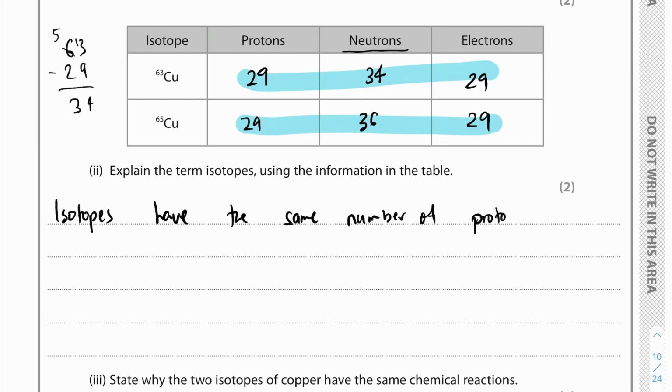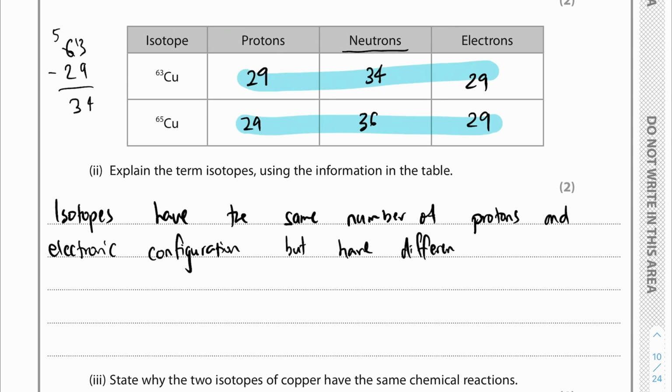You can see here protons, and electronic configuration. You can see over here electronic configuration. And what's the only difference here? But they have different neutron numbers.